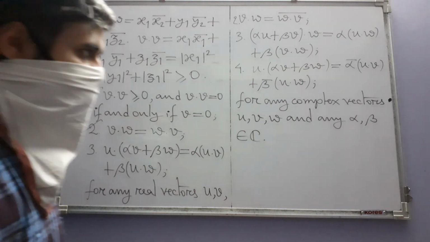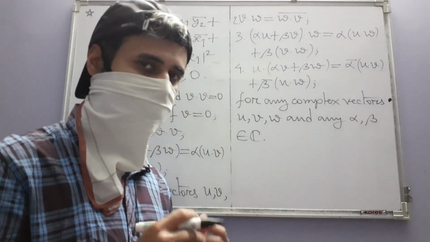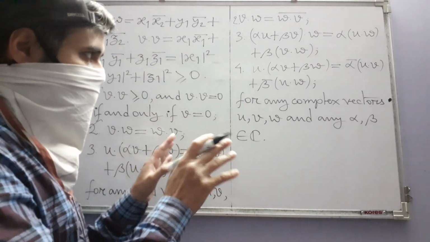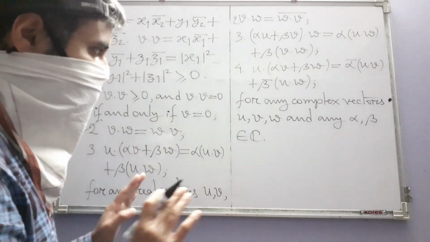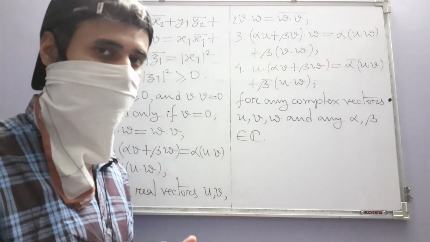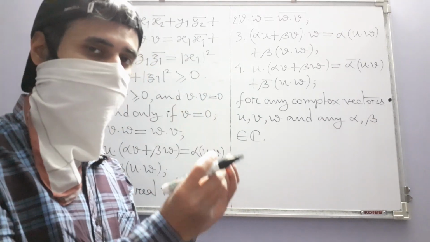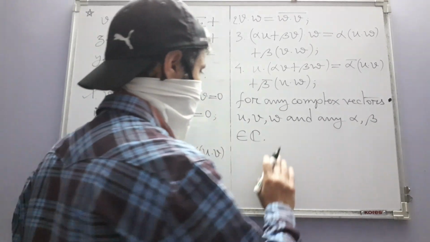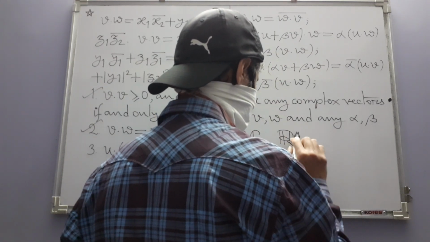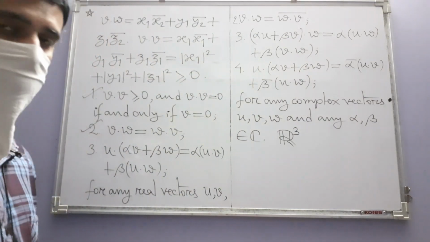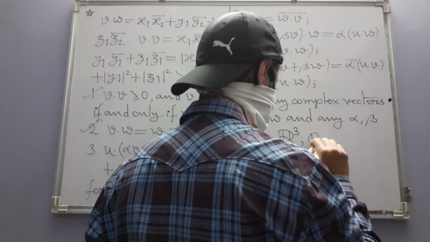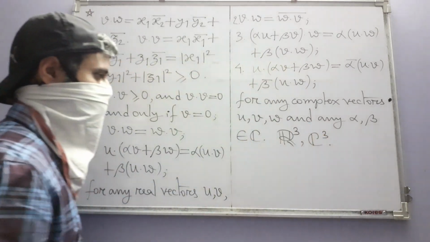Right, so these are concrete specific functions, nothing general. Keep in mind that the vector spaces where these dot products have been defined are concrete fixed cases. The first one is the real vector space R3, and this complex one is the complex vector space C3.